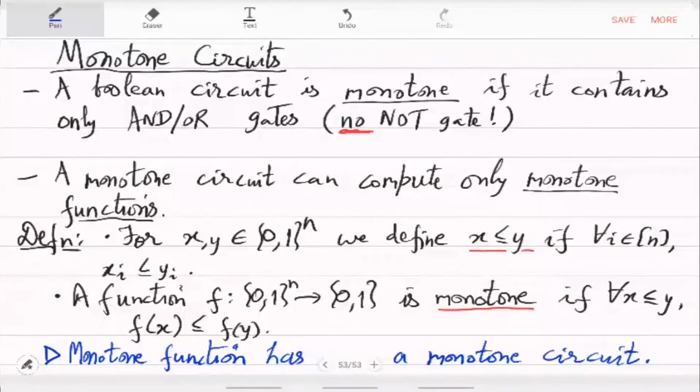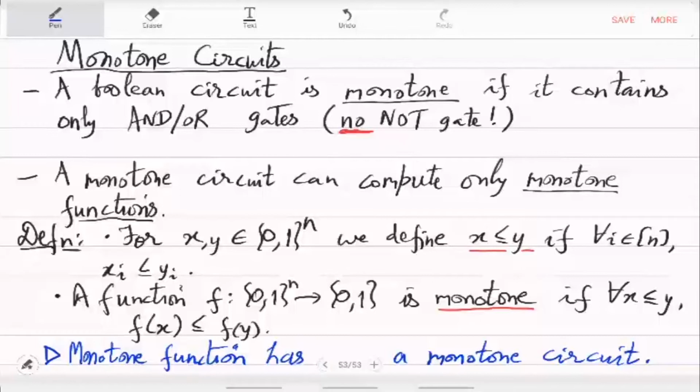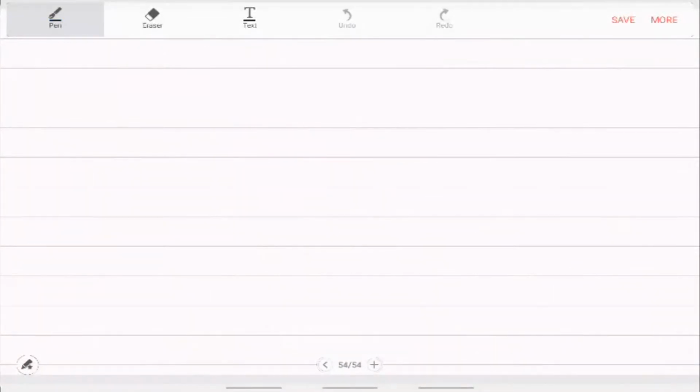In other words, all the monotone functions can be expressed as monotone circuits, but the problem is that the representation may be large. Okay, so for n bits, you might require 2 raised to n gates, 2 raised to n size, but it exists. On the other hand, non-monotone functions cannot have a monotone circuit. So this is actually an if and only if: a function is monotone if and only if there exists a monotone circuit.